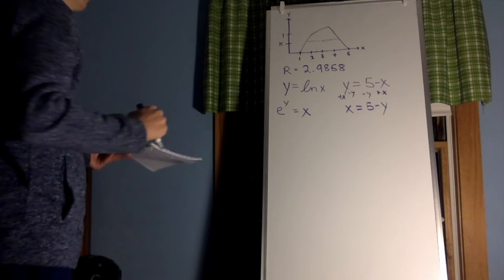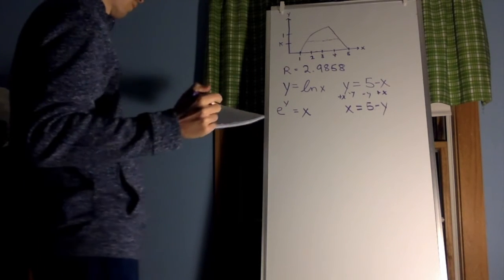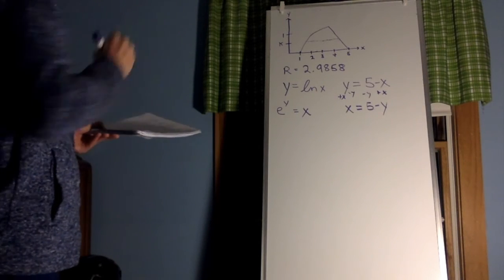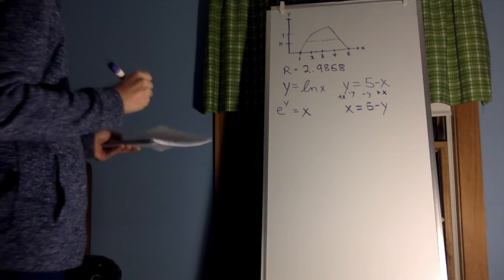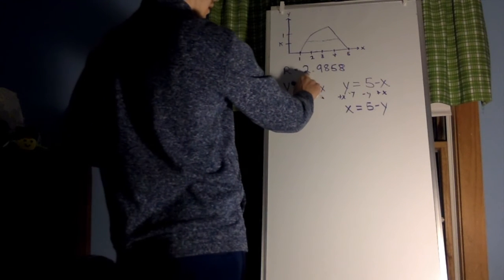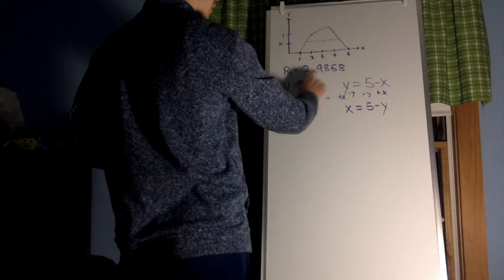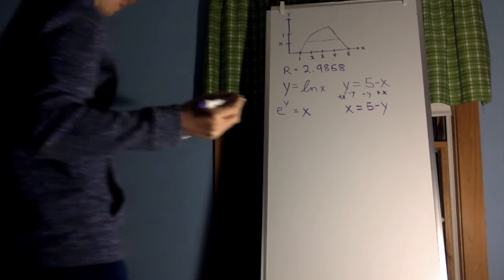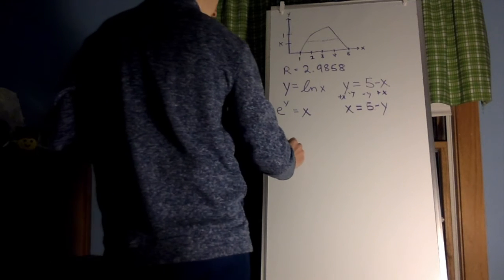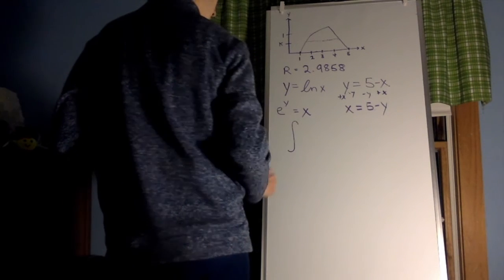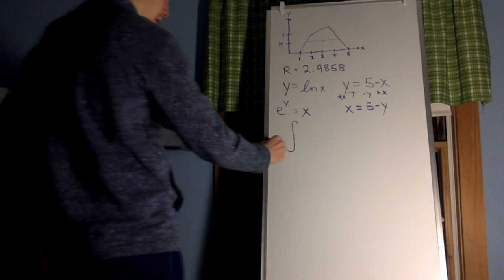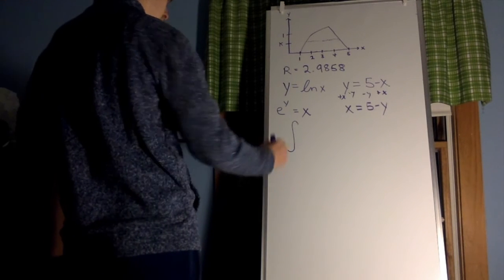So I'm looking for half of the area here. And I know that my full area is 2.9858. So I'm going to set up a little integral here, and I'm going to do this from 0 to k.